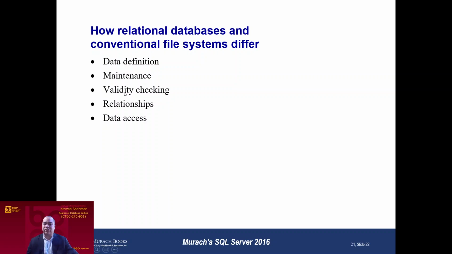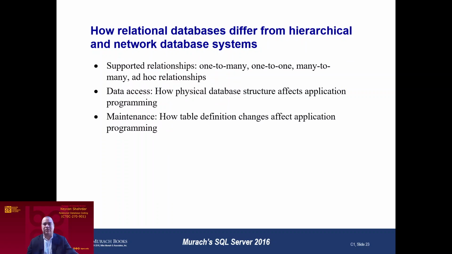You have validity checking, so you're constraining values in those databases to make sure that other tables contain them. Relationships are ways that you're able to have relationships between tables in order to query a specific view or information that you're looking for. And obviously you have data access, so access to the data that you need.